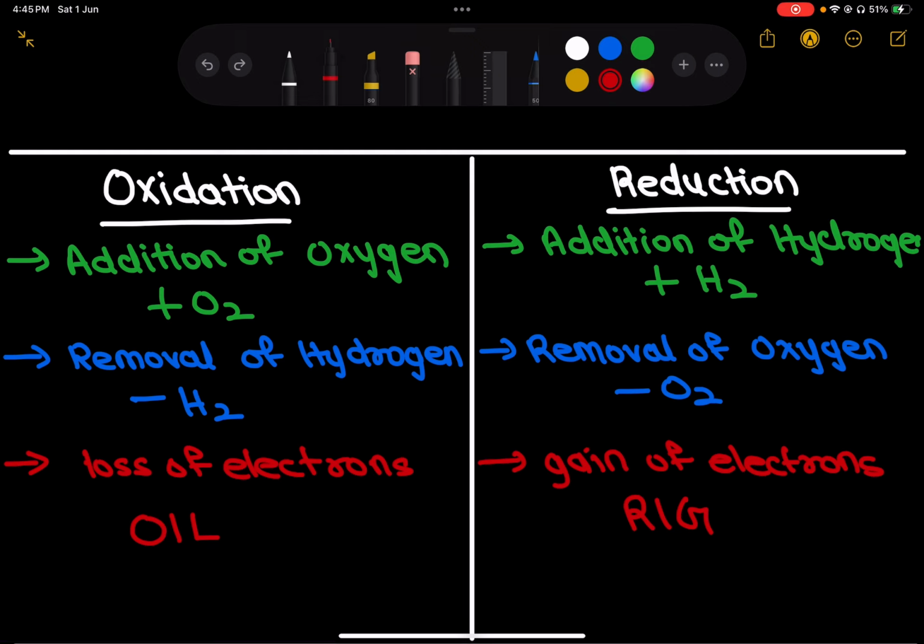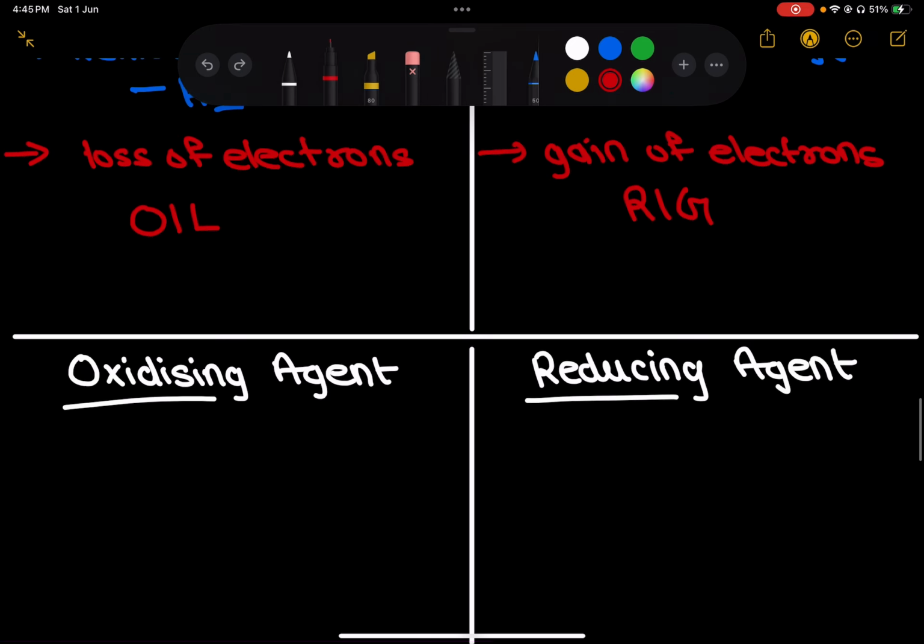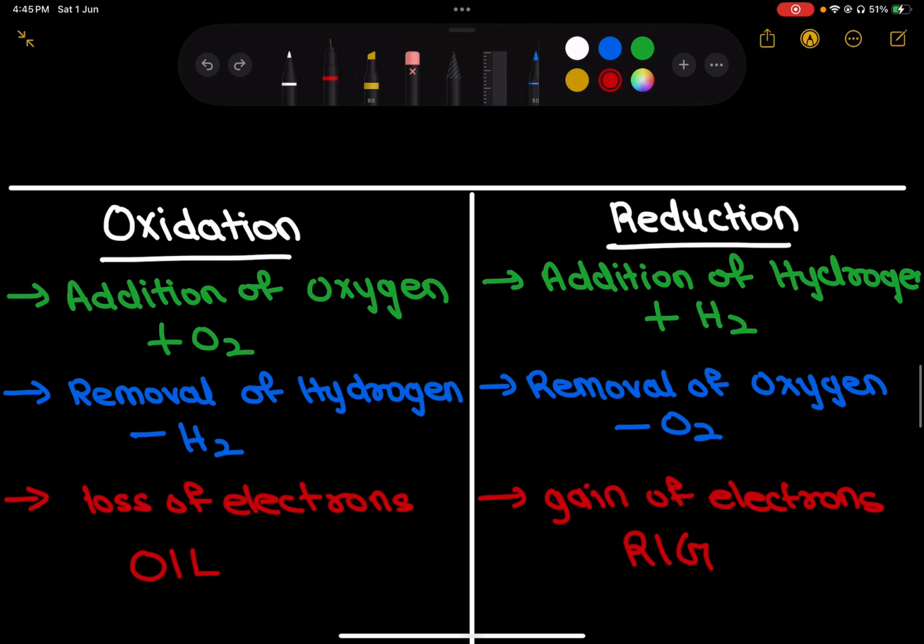Okay. Now we'll be studying another important point, which is oxidizing agent and reducing agent. Okay. So it is a part of oxidation and reduction. So this can come as a differentiate between question, so make sure that you remember these points.